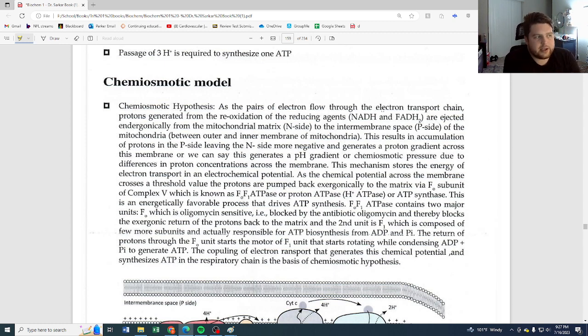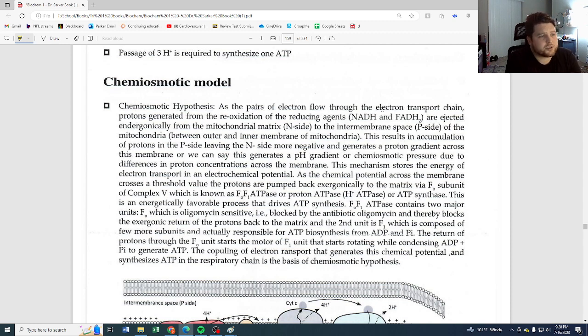This results in accumulation of protons in the P side, so an increase of protons in the intermembrane space, leaving the N side more negative, and generates a proton gradient across this membrane. Or we can say this generates a pH gradient or chemiosmotic pressure. That's that word, chemiosmotic pressure, due to differences in proton concentrations across the membrane.